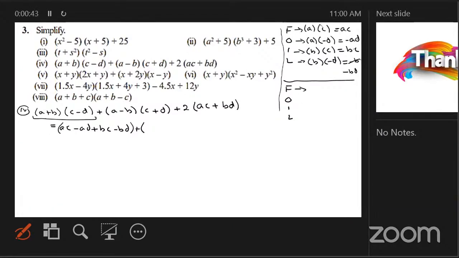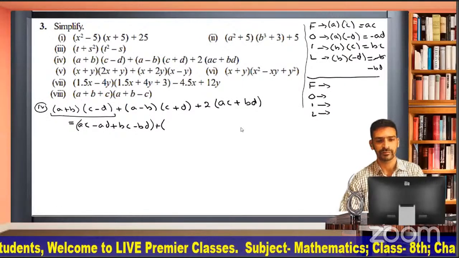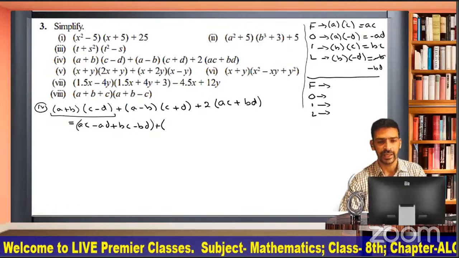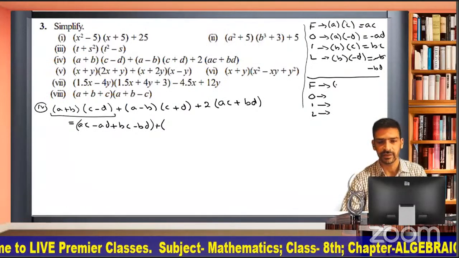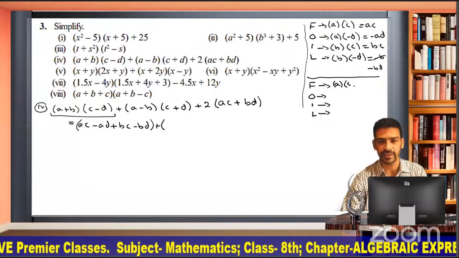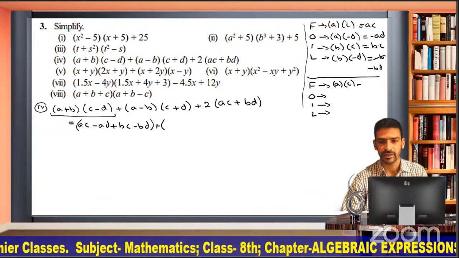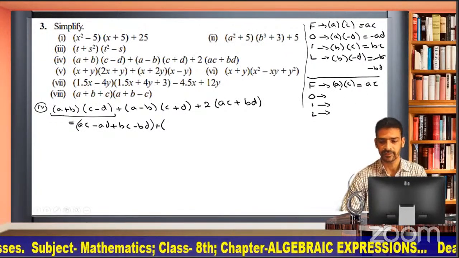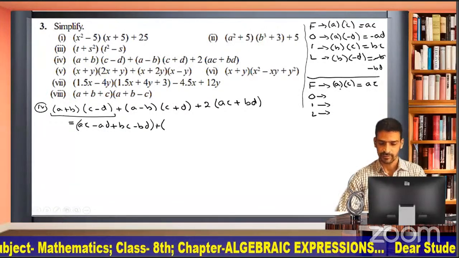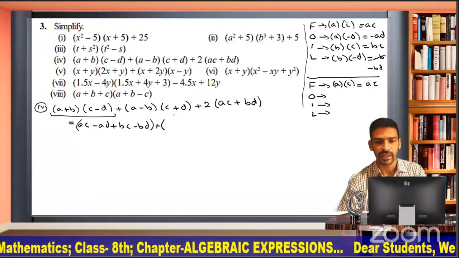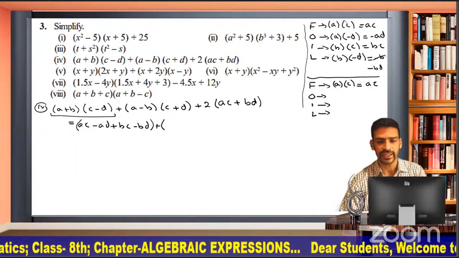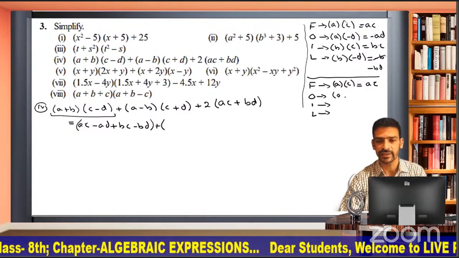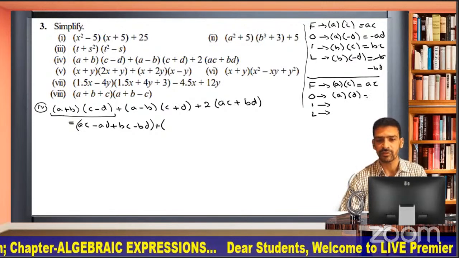So first terms कौन सी है? That is A and C. It turns out to be AC. Outer terms कौन सी है? That is A and D. It turns out to be AD.